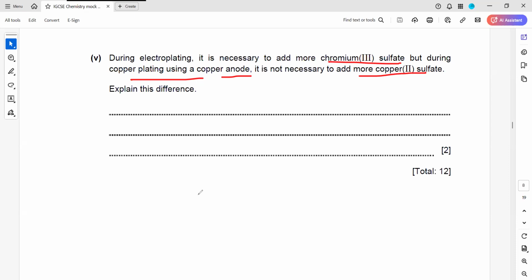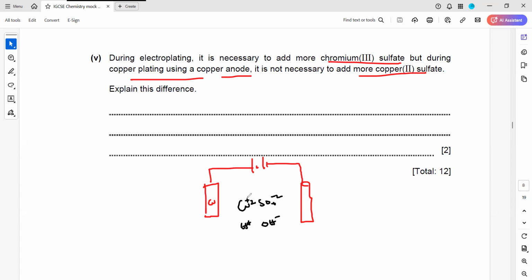Explain the difference. What happens when we use a copper anode? The anode is made up of copper, and here is the object we want to electroplate. The salt is copper sulfate, which contains a copper ion, a sulfate ion, hydrogen ion and hydroxide ion. So the copper ion will move towards the cathode and a copper atom will go into the solution as a copper ion.